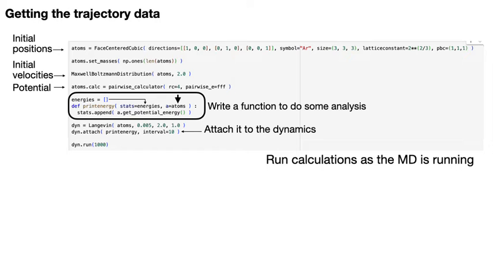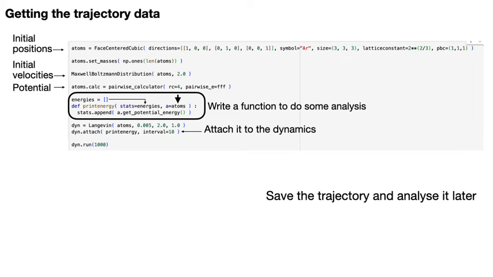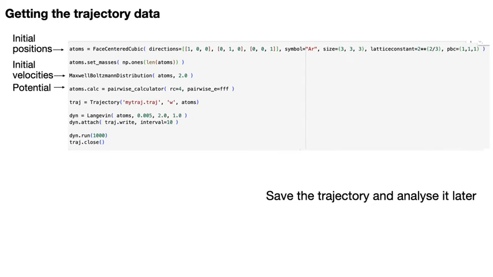There is an alternative to doing the analysis on the fly, however. Instead of attaching your function to the dynamics, you can save the trajectory and analyze it later. Code for saving the trajectory is shown here.